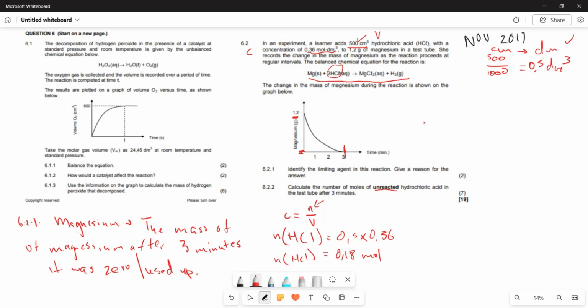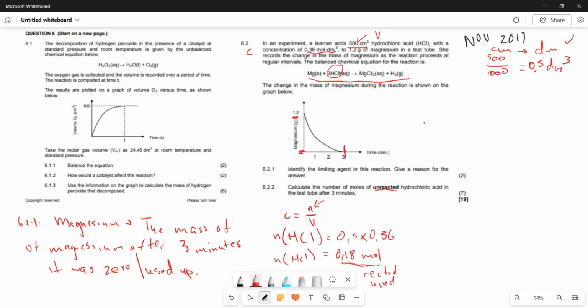Now that we have the mole, what is it that we can do? We can take the mole in here, because remember, this is the mole of the reacted, or rather the one that is used.